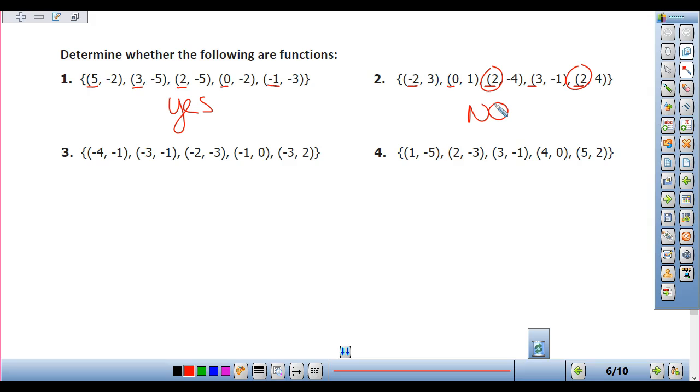Negative 3 repeats. So function or not? No. Remember, you're just looking at the x's. The y's don't matter. Any repeaters in 4? No repeaters, so yes, it is a function.